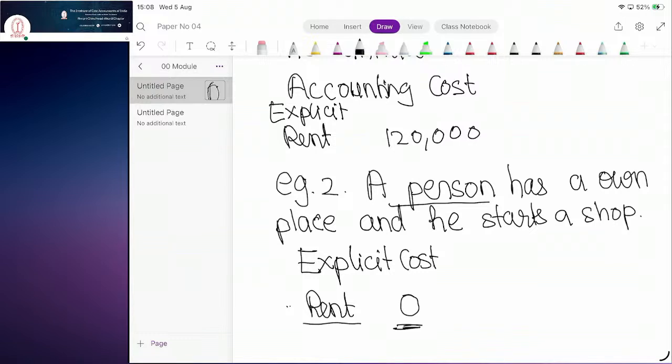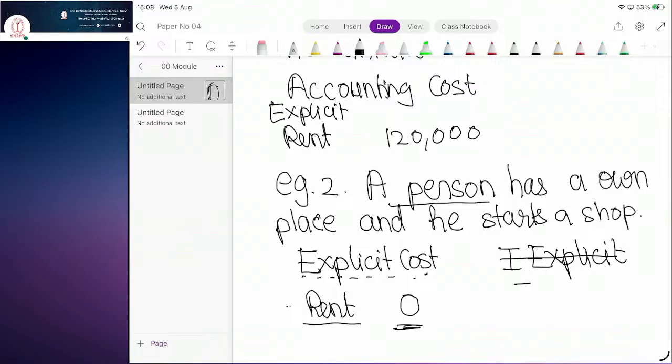But think like this, अगर वो ये business नहीं चलाते थे, that owner was not running this business, he could have earned a rent of 10,000 rupees per month. So though it is not an explicit cost, it continues to remain his implicit cost.